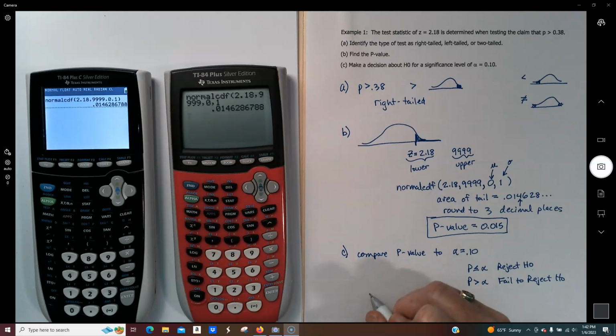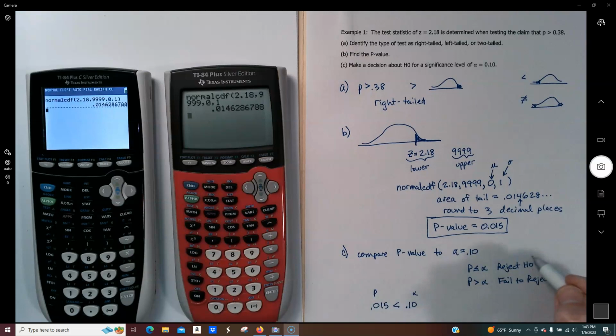When we have our p-value of 0.015 compared to our alpha of 0.10, we see that 0.015 is much smaller. So we have the first case, which is that we will reject the null hypothesis.